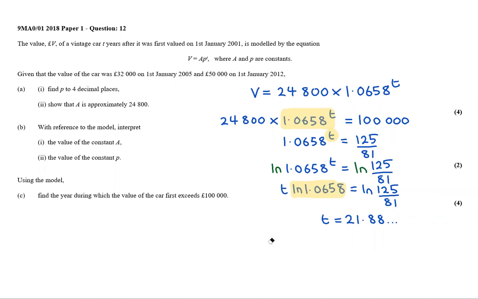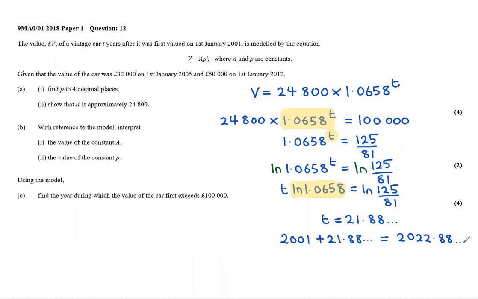So if I take the 2001 and add the 21.88, that's going to give me 2022.88.